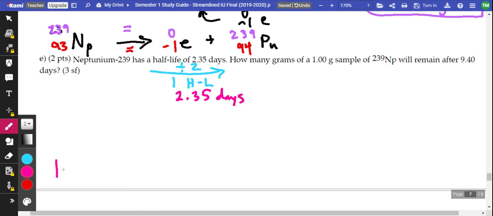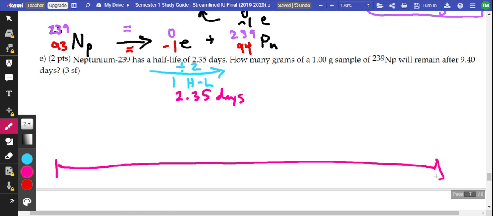Overall, from start to finish, this is supposed to take 9.40 days. So how do I figure out how many times this has a half-life, and therefore how many times this gets cut in half, and therefore how many grams of radioactive stuff are left?